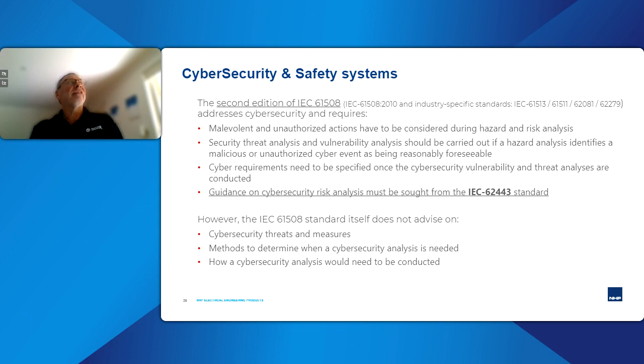It references a standard from memory, TR 84.00.09, I think, about how you go about accomplishing that, and it basically then goes on and says you shall be in line with 62443 standards.